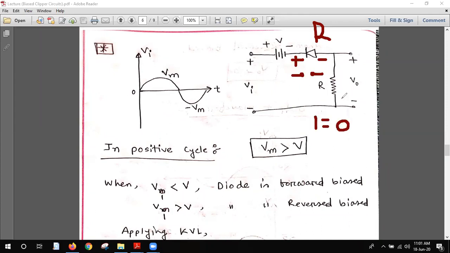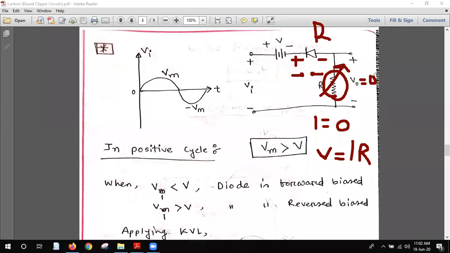So when I is zero, there will be no current in this resistance. And we all know that V equals IR, Ohm's law. So when there is no current, whatever the value of your resistance, your output voltage V will be zero. So for reverse biased, output voltage VO equals zero.